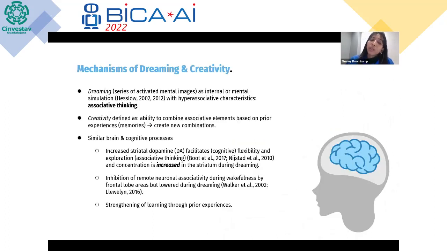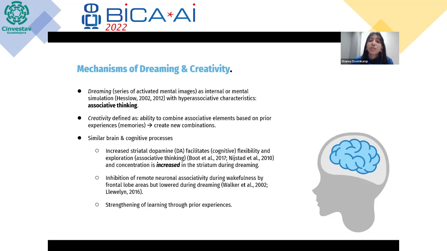First of all, we define dreaming as a series of activated mental images, as an internal or mental simulation with hyper-associative characteristics, such that you have different types of content sparsed in your head that are non-obviously connected to each other.